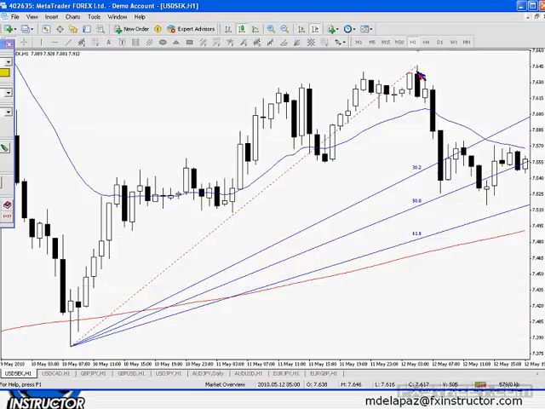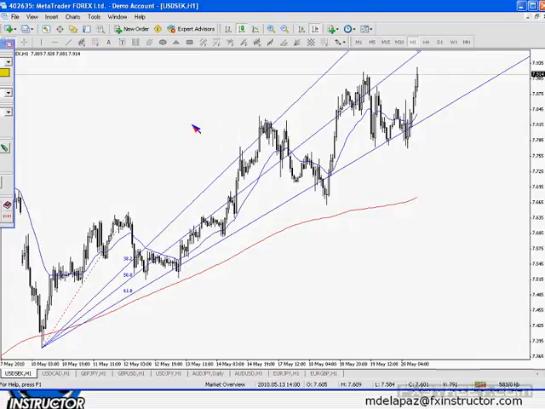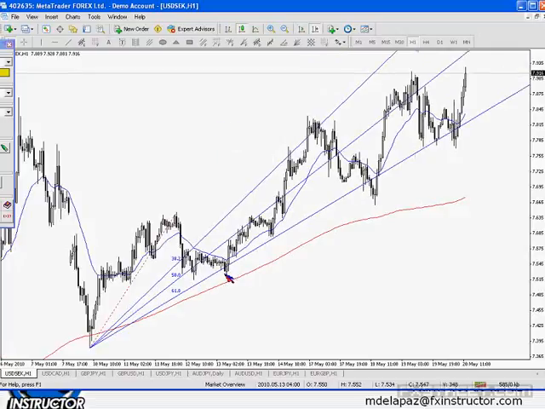Now, how do you use fib fans? Fib fans are actually used to project potential resistance lines, potential support lines. And if you look at our chart here, again, you will notice that we kept on bouncing whenever we hit the 61.8 fib fan line.